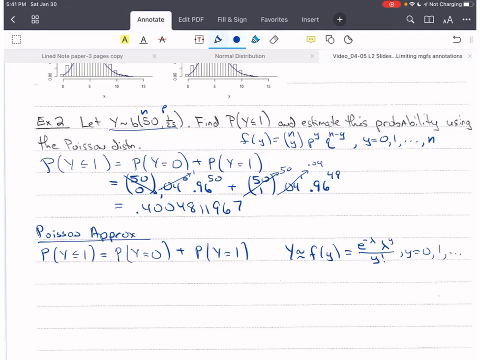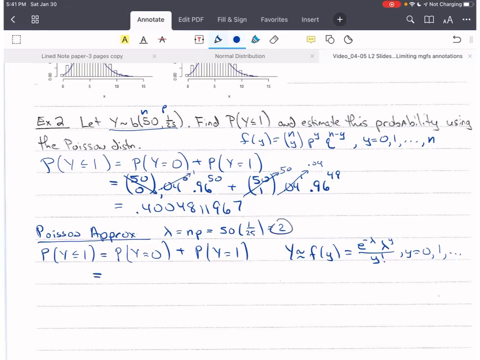Okay? So here we need lambda equals np equals 50 times 1 over 25, which is equal to 2. Okay? So lambda is 2.